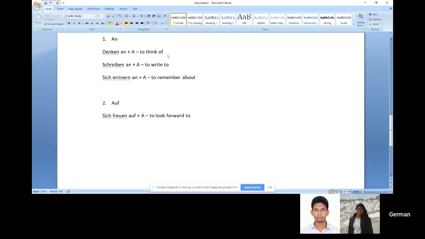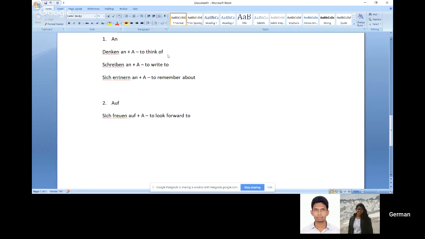So there's a change in meaning. If you want to say I look forward to something, you would be using "sich freuen auf": "Ich freue mich auf" plus the object, for example, "Ich freue mich auf die Klasse."